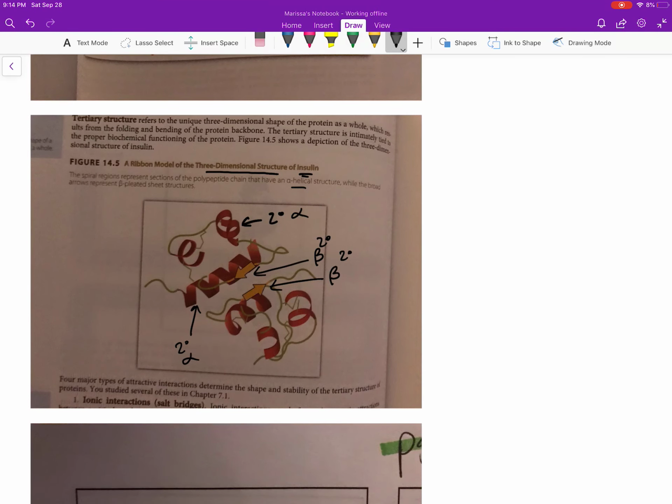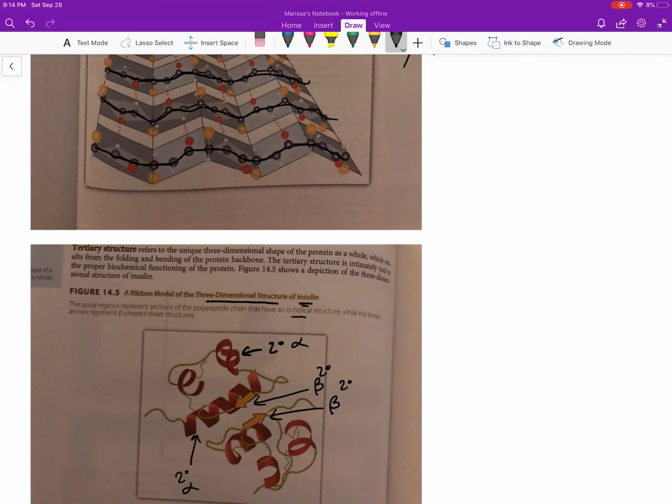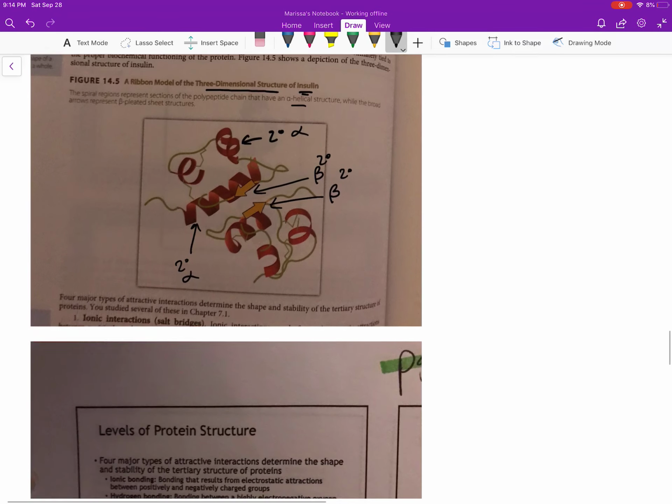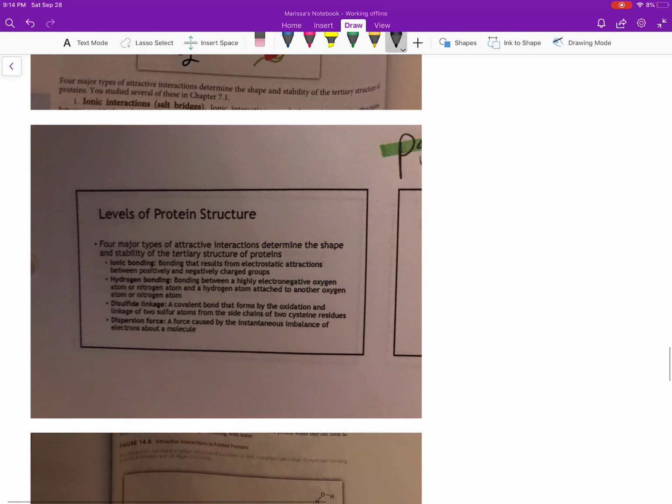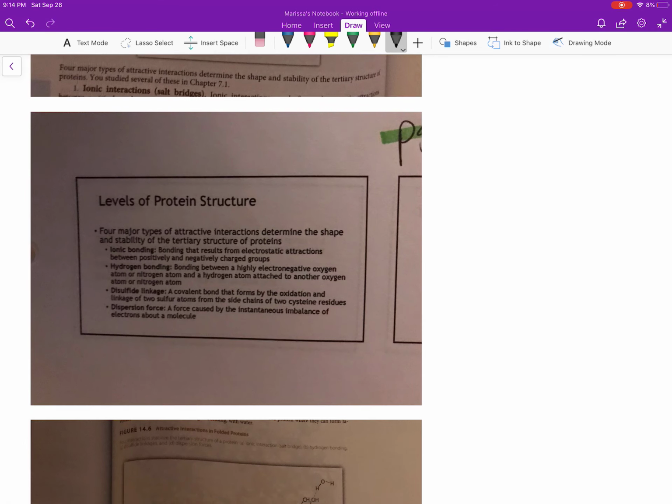So you can no longer even see the individual amino acids or even any of the fine details that we saw in the alpha and the beta structures. Okay. So there are four major attractive interactions that determine the shape and stability of the tertiary structure of the proteins. So we're going to talk about these first before we talk about quaternary.